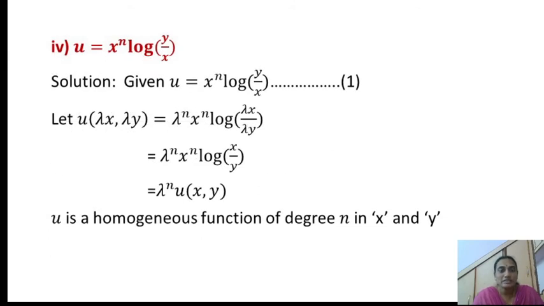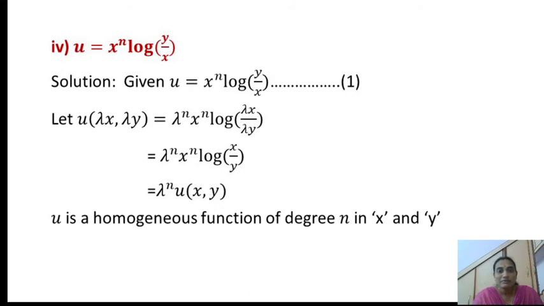Okay, now consider one more example. u is equal to x to the power of n log of y by x. For this problem, we take some lambda as a constant, where u of lambda x comma lambda y is equal to (lambda x) to the power of n log of lambda x divided by lambda y.